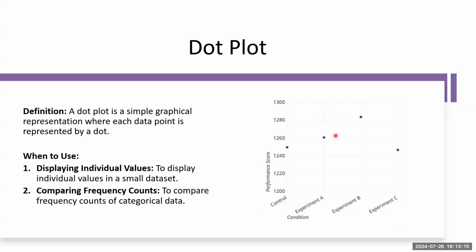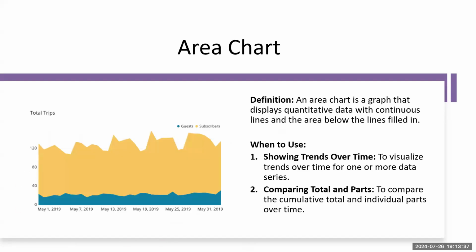It is very unlikely to use this for frequency count, because you would rely on a bar graph to do that if it is categorical data, right? So normally for use cases like this, you can use the dot plot. As I mentioned, most of the others are just variations of what we know.